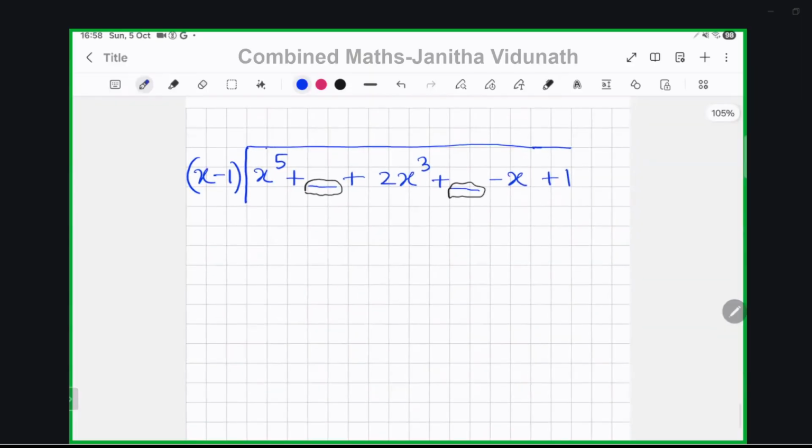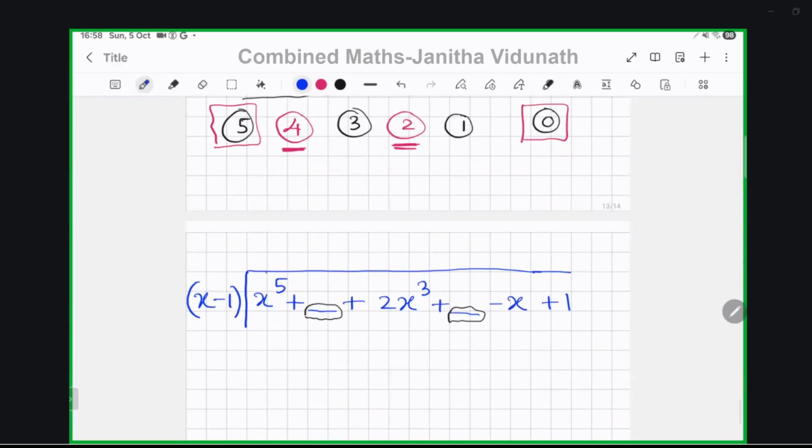Now we need to start our operations. First we divide the leading term of the dividend by the leading term of the divisor. Then we will get x to the power 4. Then we multiply with the entire divisor, and we get x to the power 5 minus x to the power 4.